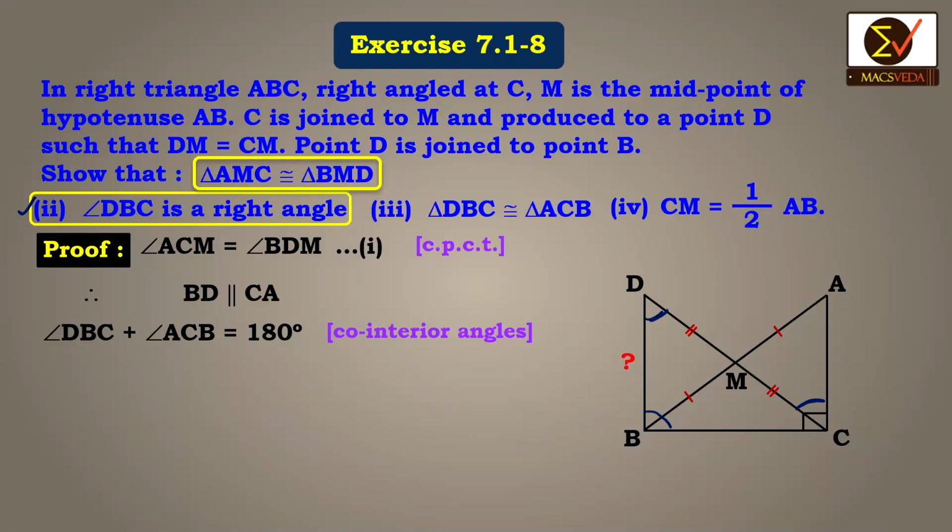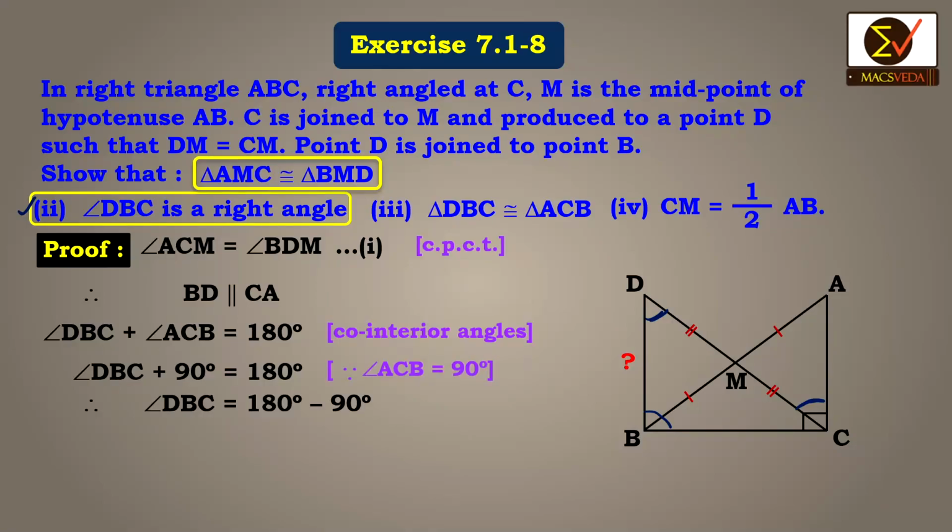But we already know angle ACB is 90 degrees. Therefore, from this we get angle DBC plus 90 degrees is 180. Therefore, angle DBC is 180 minus 90, which is 90 degrees. So angle DBC is also a right angle.